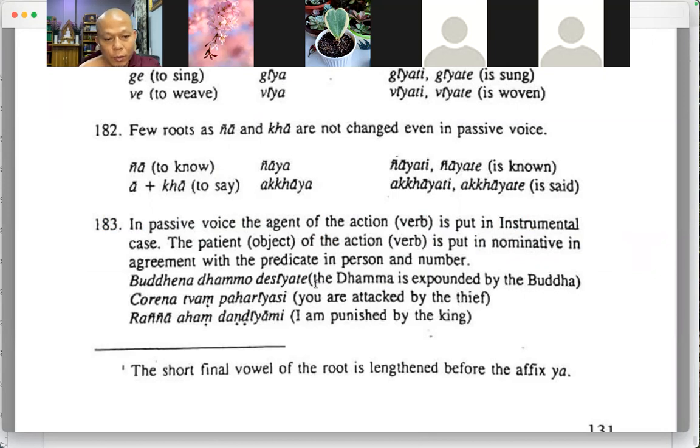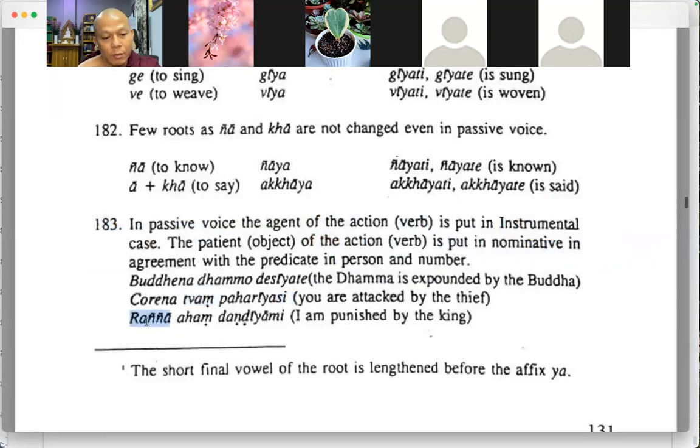So Bodhina Dhammo Desiyate, the Dhamma is expounded by the Buddha. So Bodhi Dhammo Desiyate is also possible. And Jorina Don, Bahariyasi, here Don is the object. So you are attacked by the thief. That verb is second person singular.